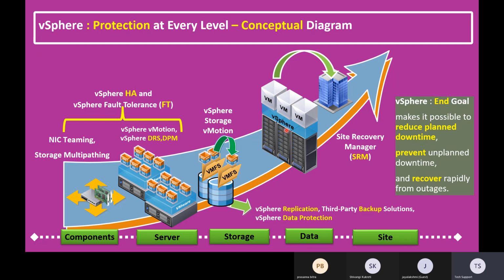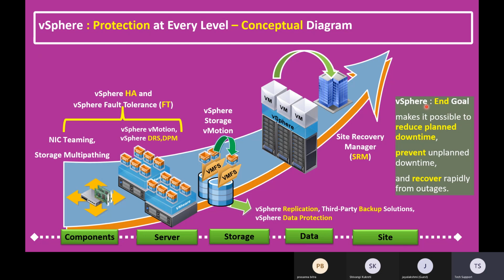So in case of any disaster on your primary site, we can restore your data from the secondary site. During this process, the VMware product is called Site Recovery Manager. The name itself says it. So the entire site can be recovered in case of any disaster on the entire site.